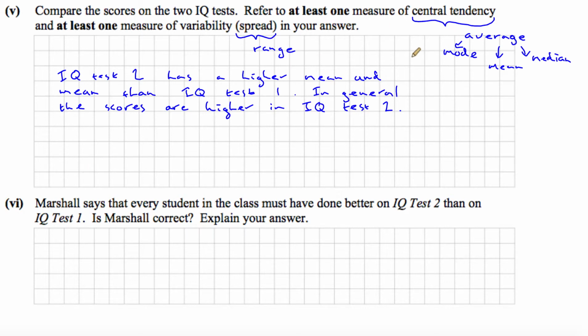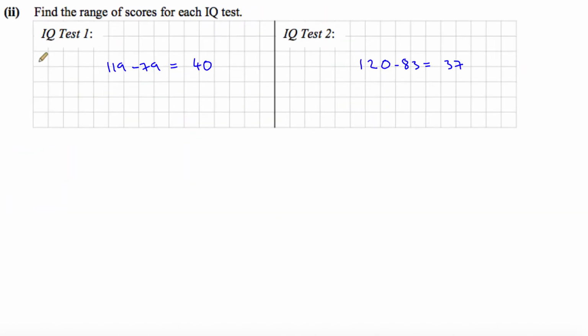So that's the central tendency, and then the variability we can see if we go back to the range. The range for IQ test 1 is slightly more spread out.